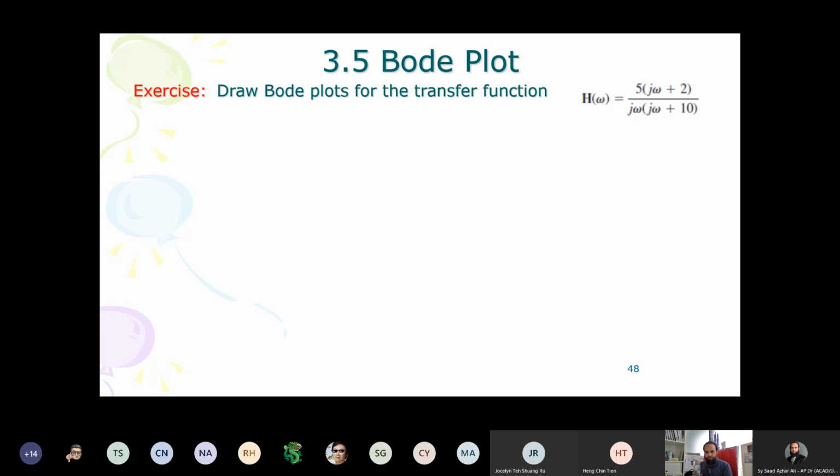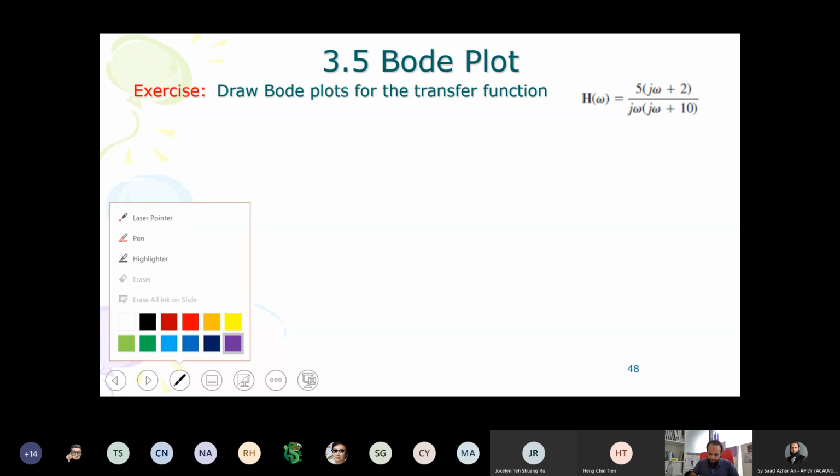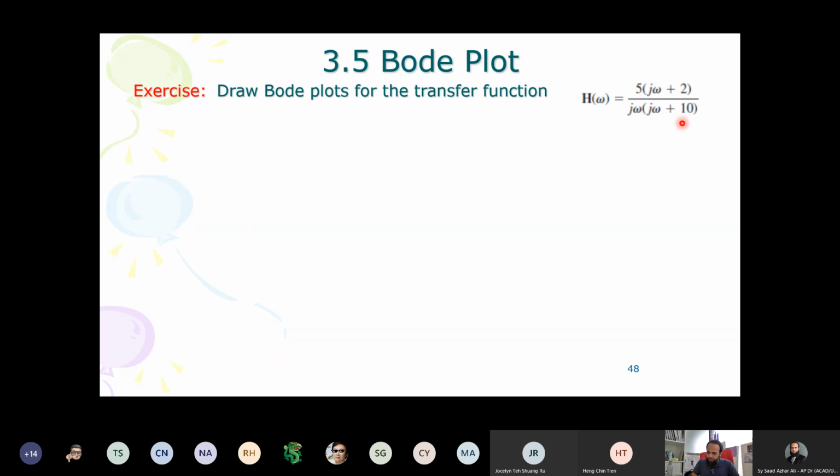Yes or no? Are you sure? We have a pole at origin. This is a pole. This is a simple pole and this is a simple 0.